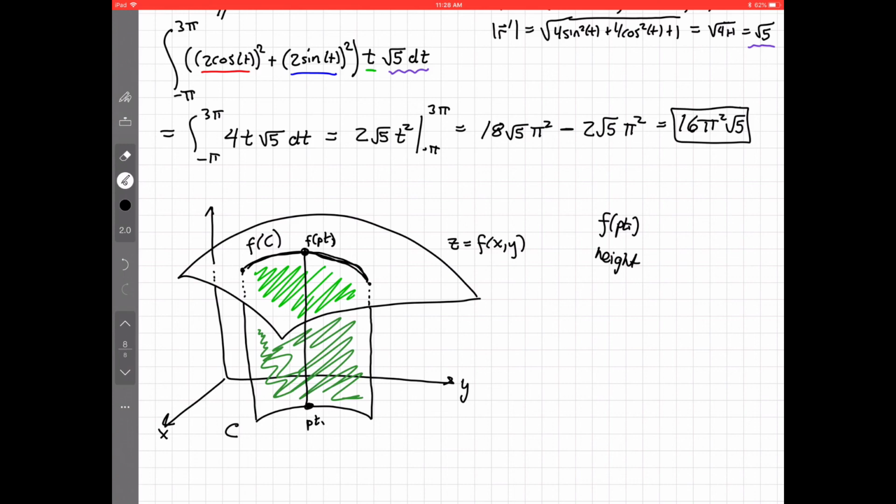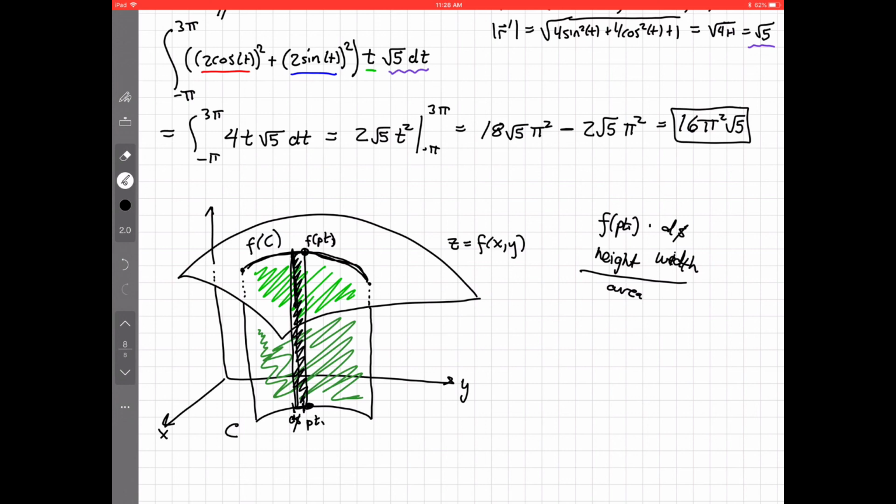And if you then consider what ds is, well, ds is like a little chunk of arc length. So you can think of ds like a width. If you multiply a height times a width, that very much sounds like an area, right? So what we're getting is a little strip of area.